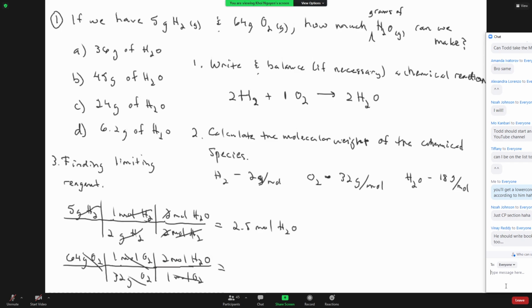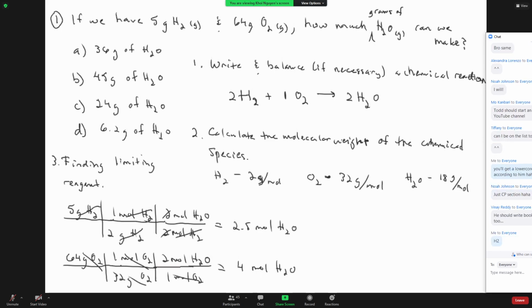And you notice that there's 64 grams. 64 divided by 32 is 2. 2 times 2 is 4 moles of water. So which one is our limiting reagent? Hydrogen or oxygen? Very good. Hydrogen is your limiting reagent, right? Because it produces the least amount of H2O available if we used all of it up.